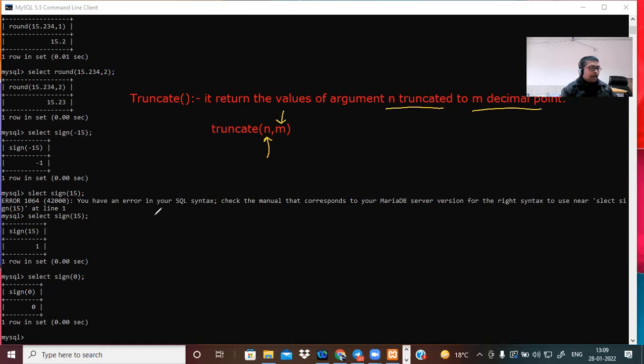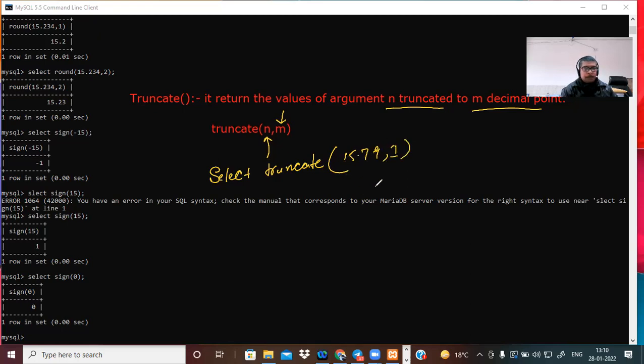Suppose we write select truncate 15.79 comma 1. Truncated to 1 decimal, what will it return?